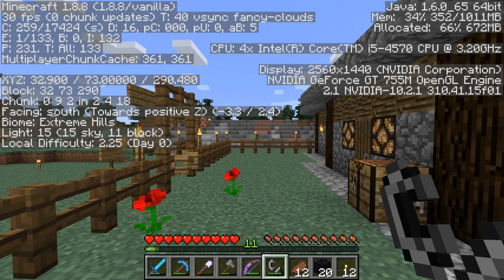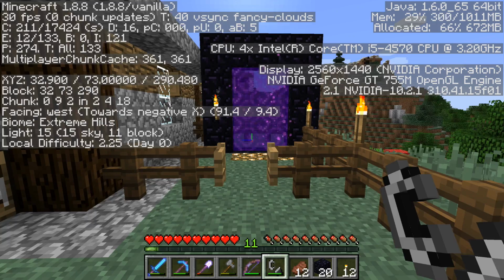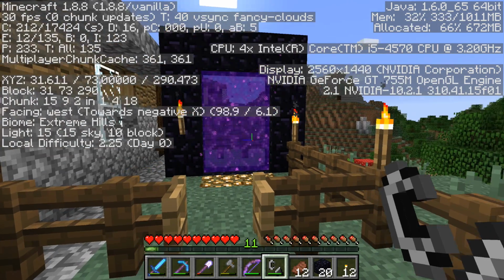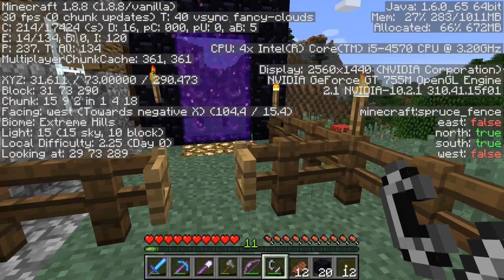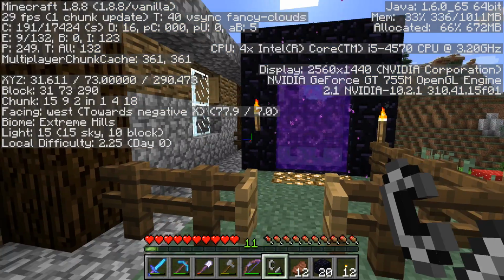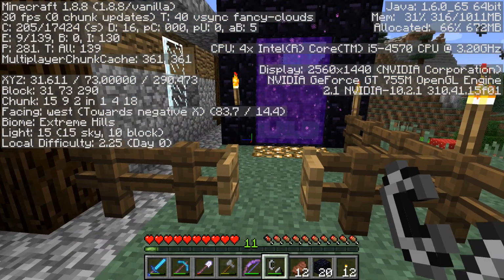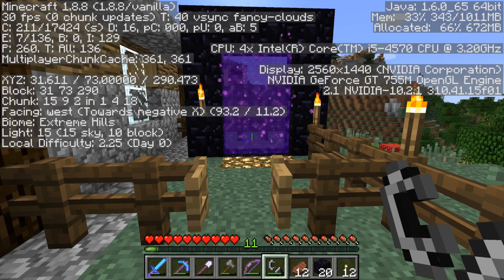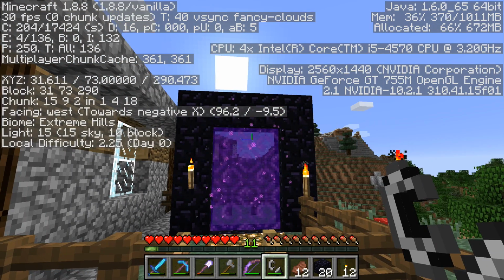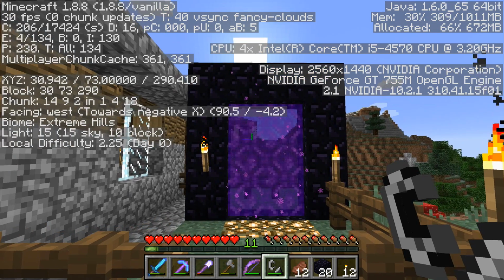So let me unpack that a little bit so you guys can hopefully understand. Basically what happens with nether portals is that if you have one that's relatively close, and I don't know the exact number of chunks away, so if someone puts that in the comments, that would be awesome to share, it's going to just basically latch on to that other coordinate and take you back through that one. That's what happened at the very beginning of our episode.